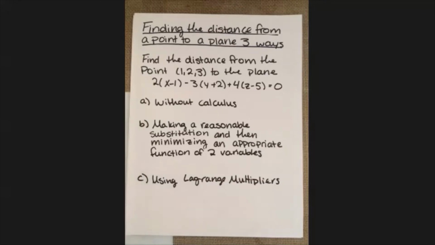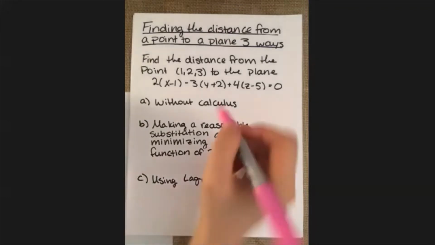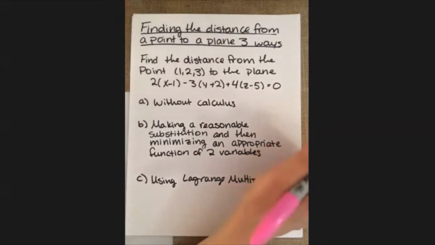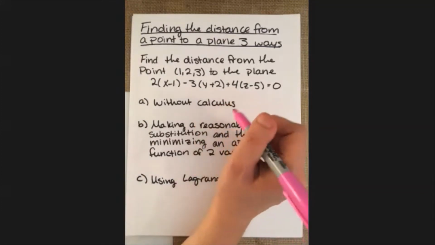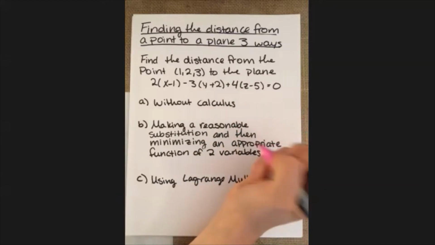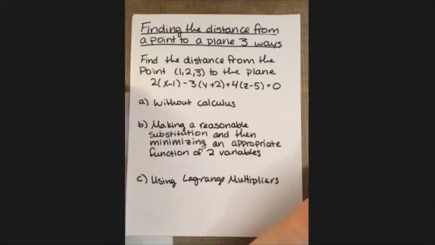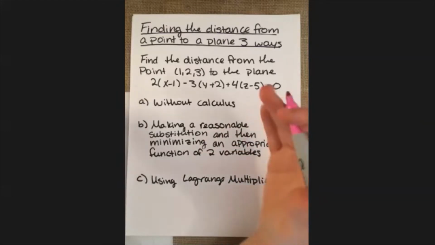Okay, so honestly, this first method I don't really want to spend too much time with, because I actually go into detail on how to do this in a different video. So I'm going to recommend that you check that out. When we say without calculus, we just mean not using the derivative or the integral or anything like that.